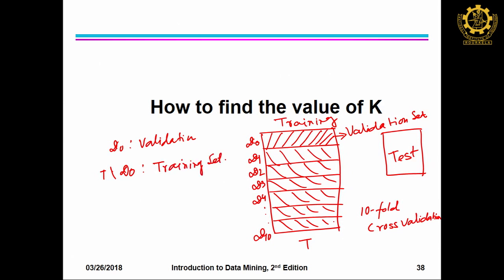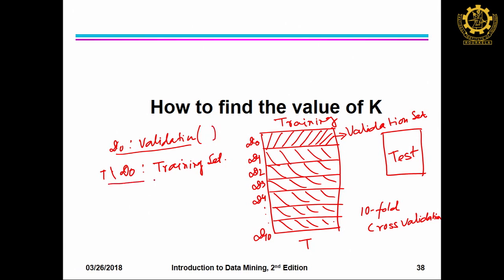Now we identify the class level of each object in the validation set. Let us say there are 100 objects. The training data set is divided into a number of blocks, and each block is called a validation set. It is actually a test set, but to distinguish the name from the test set, we call it the validation set.